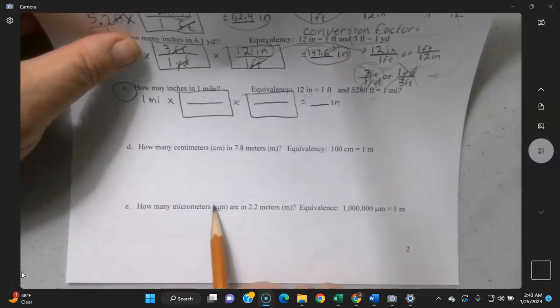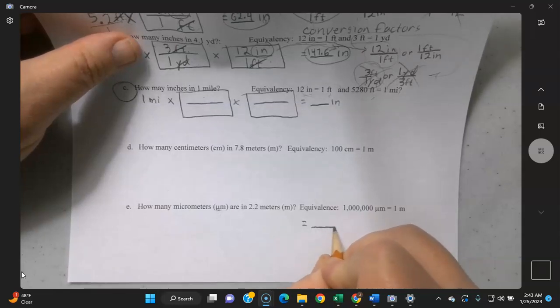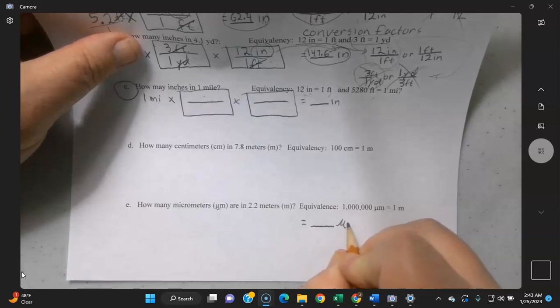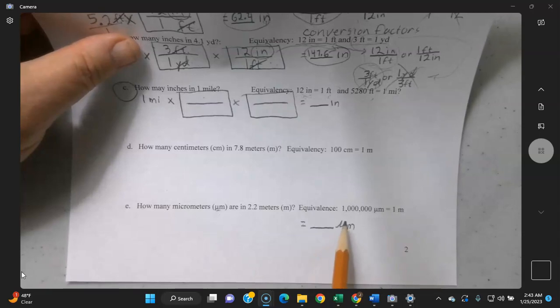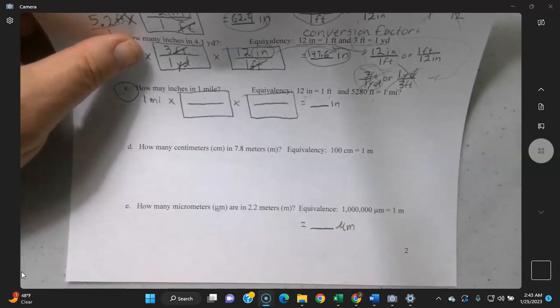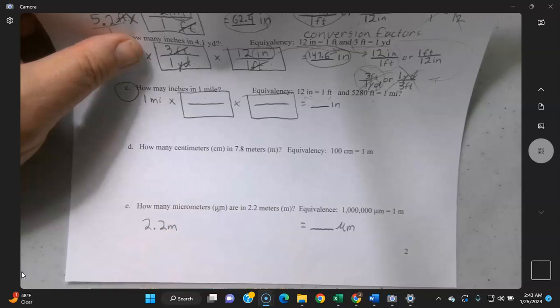Okay, so we're trying to find micrometers, so we're going to come over here. Micrometers. Okay. And over here, we have 2.2 meters to start with.